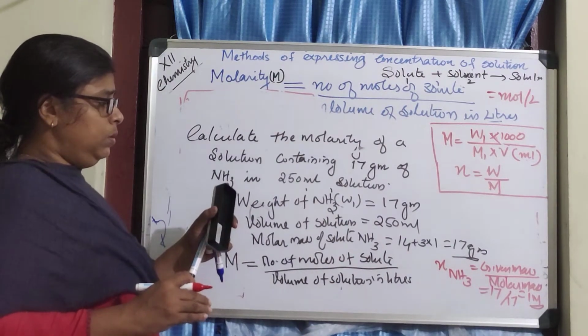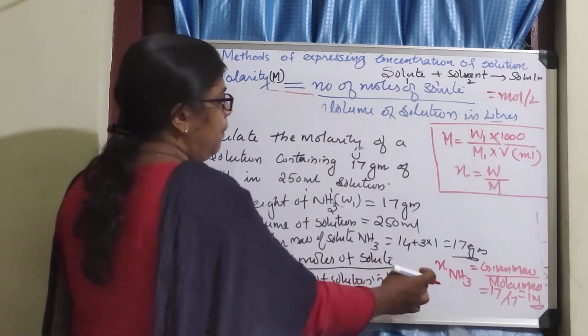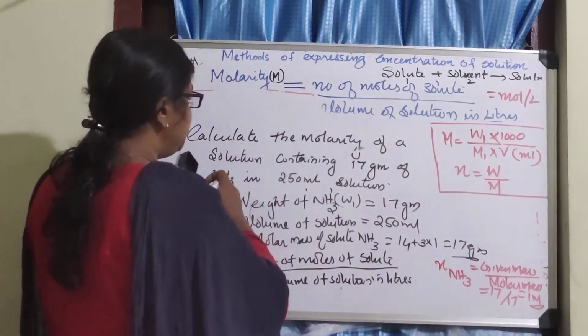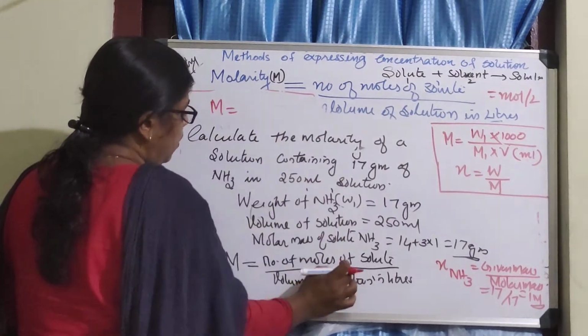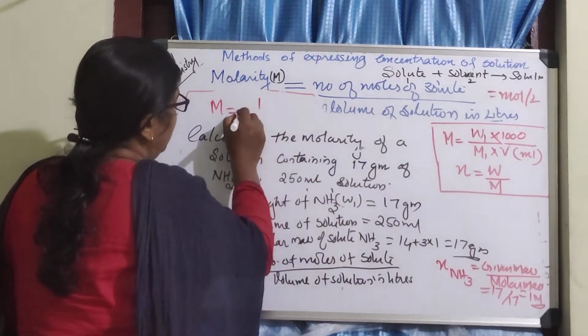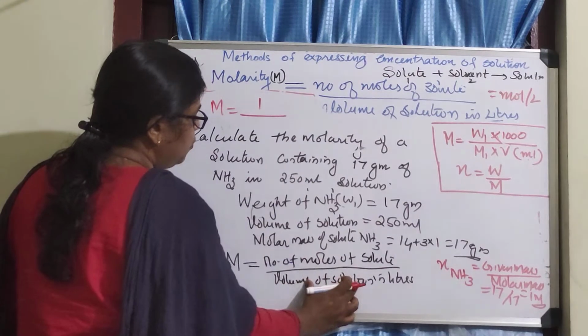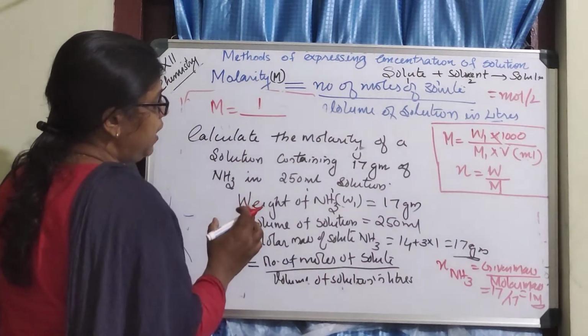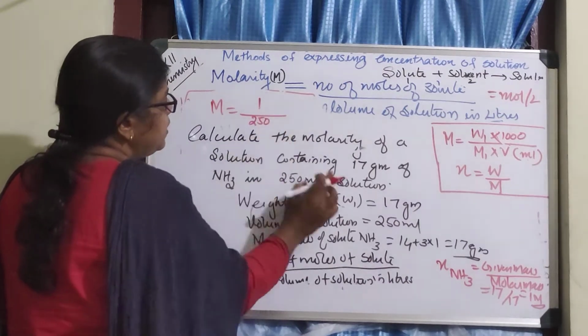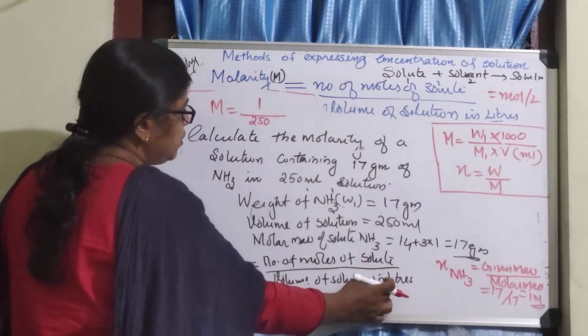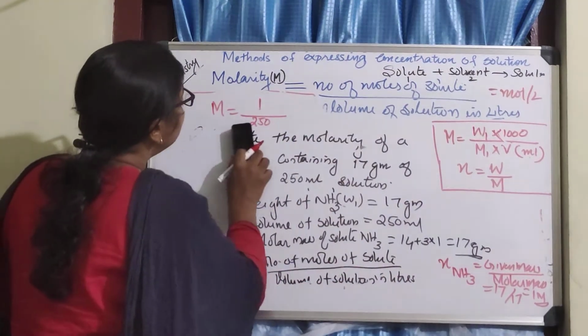Now, we got the moles. So now we can substitute it in the equation. Therefore, M is equal to number of moles, which is 1, divided by volume of solution. Volume of solution is 250 ml. The volume is given in ml, so we have to convert it into liters.